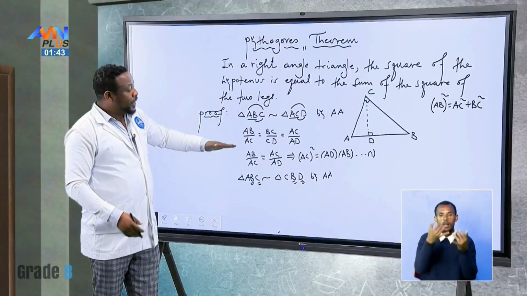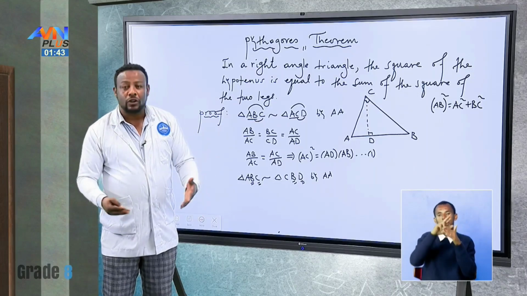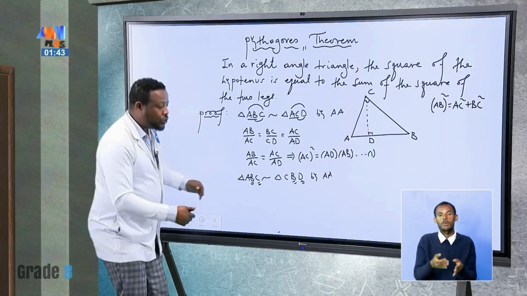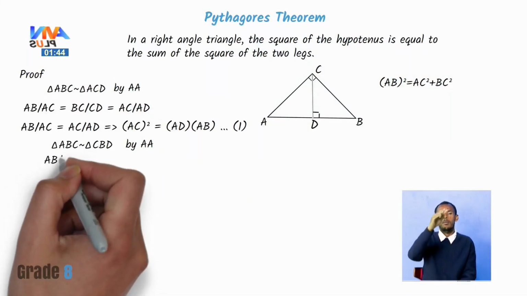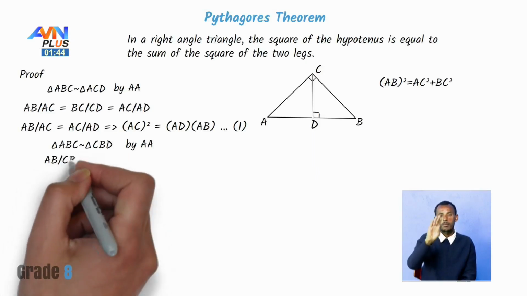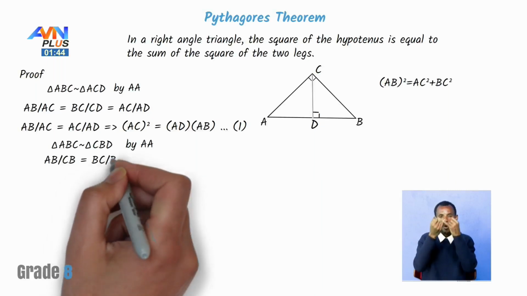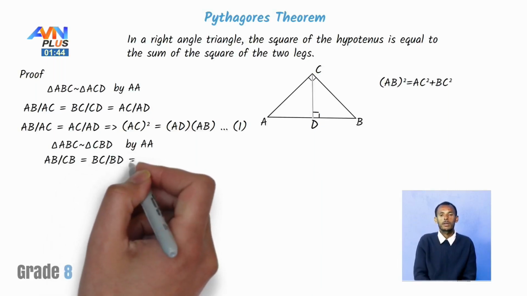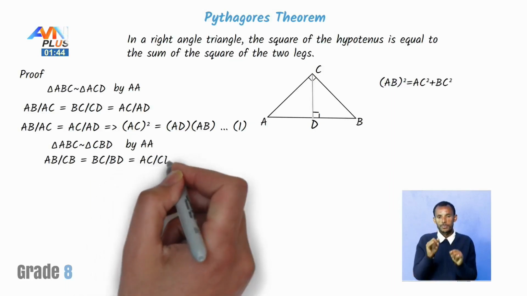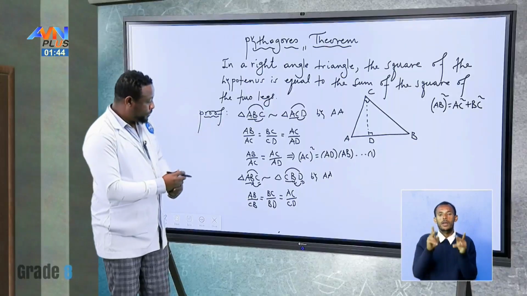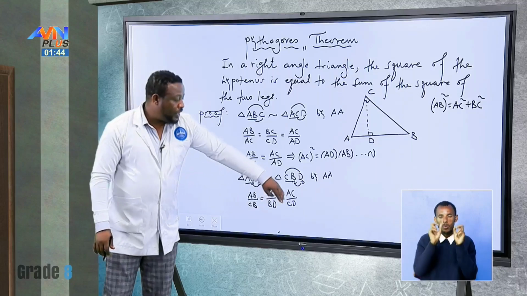Now, if these two are similar, you can derive some ratios by the definition of similarity. Let's take the ratio: AB over CB is the same as BC over BD, and lastly AC over CD. Take the first two; we don't need the third part.